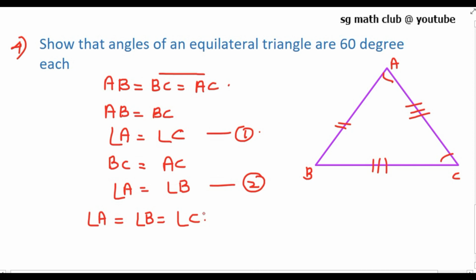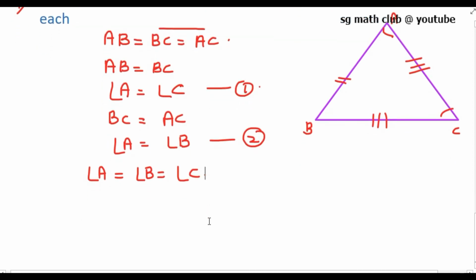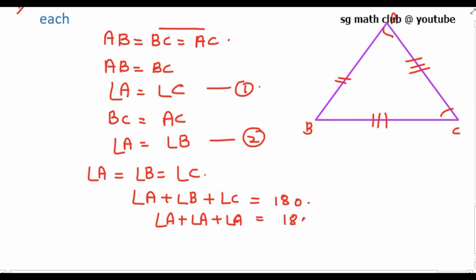And we know the angle sum property, that is sum of all the angles of a triangle is 180 degrees. So angle A plus angle B plus angle C is equal to 180 degrees. So all are equal. I can replace angle B and angle C with angle A, which is equal to 180 degrees. 3 angle A equal to 180 degrees.